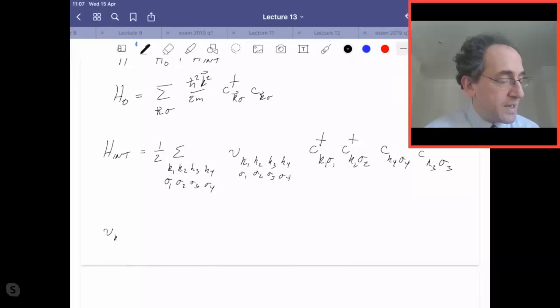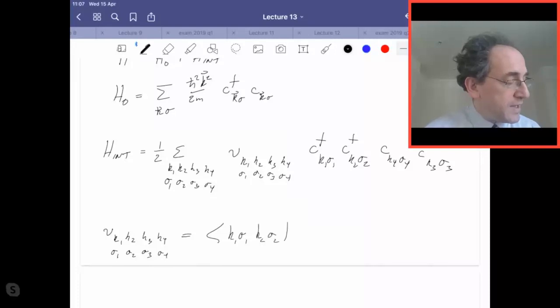The definition here, so you can see it: V k1 sigma 1, k2 sigma 2, k3 sigma 3, k4 sigma 4 is defined as the two-body state k1 sigma 1, k2 sigma 2, then the interaction V of r minus r prime, k3 sigma 3, k4 sigma 4.